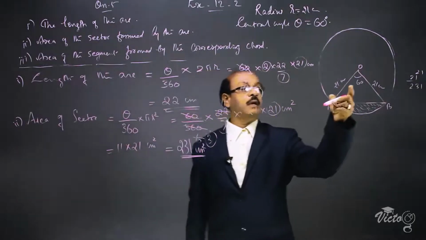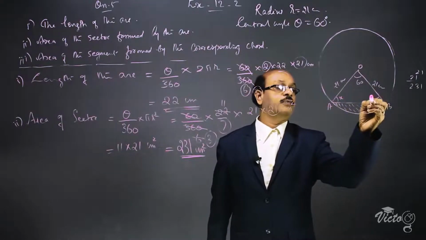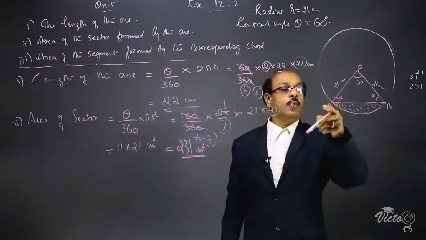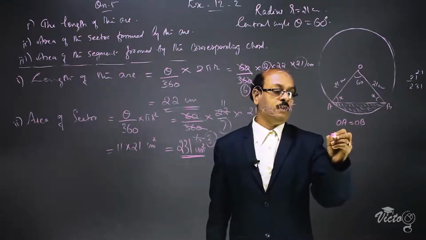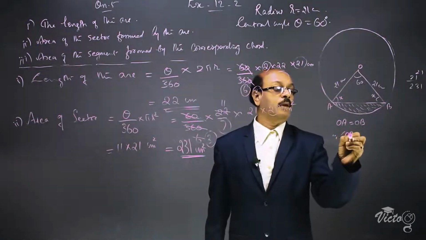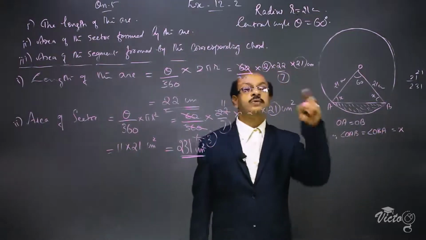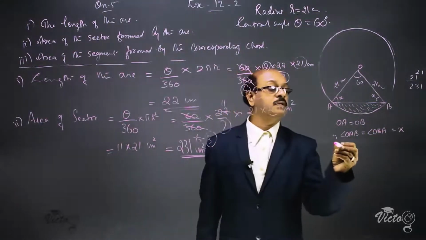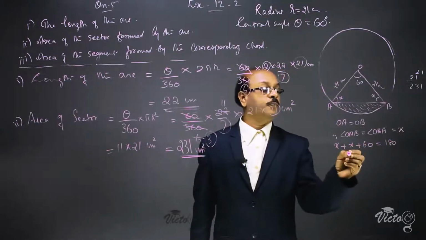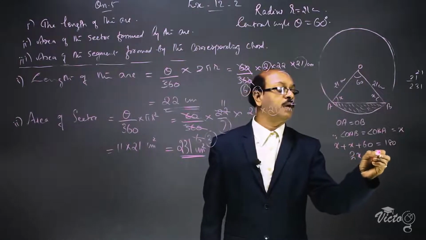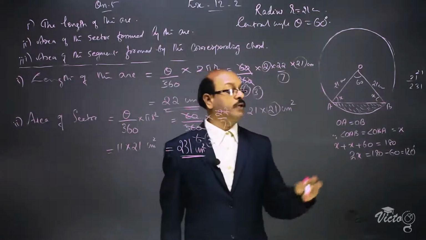Since the central angle is 60 degree, let angle OAB be x, and angle OBA will also be x because OA is equal to OB. Now, the sum of the three angles is 180 degree. That means x plus x plus 60 degree is equal to 180, so 2x is equal to 180 minus 60, which is 120 degree.